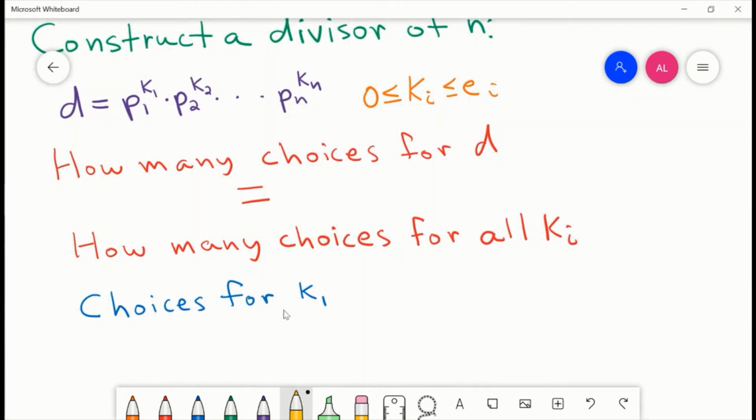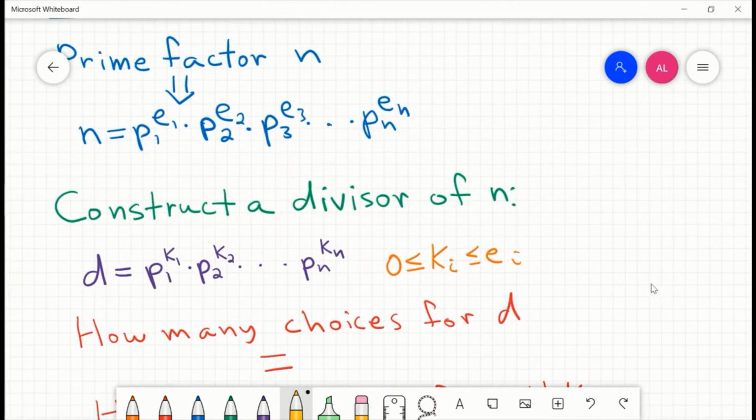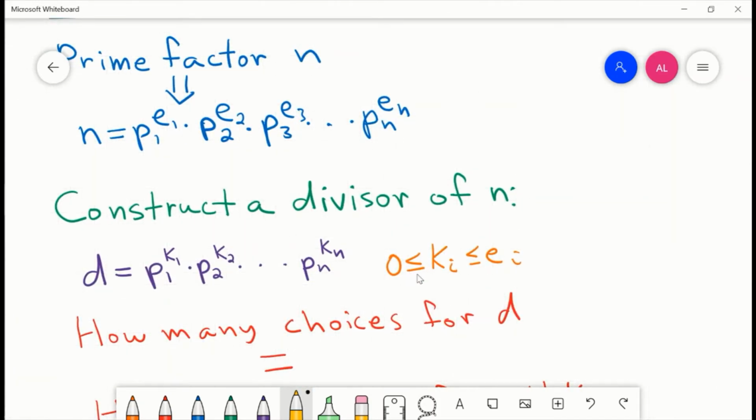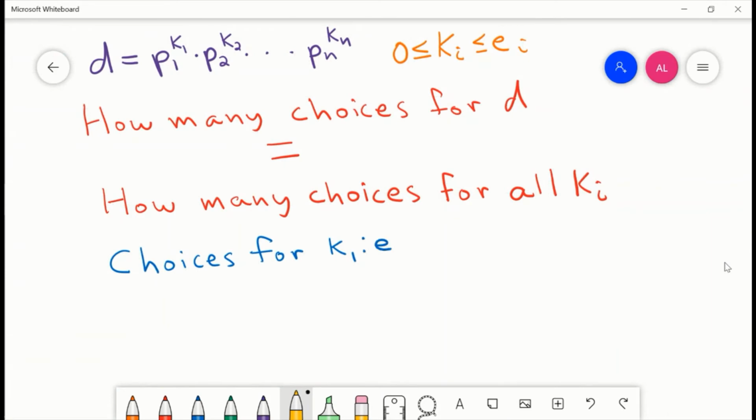So how many choices for k1 are there, for instance? Well, let's see. By this right here, k1 has to be less than or equal to e1, but bigger than or equal to 0. Between e1 and 1, there are e1 integers. If we add 0 in, we add one more integer. So we get that there are e sub 1 plus 1 choices for k sub 1.